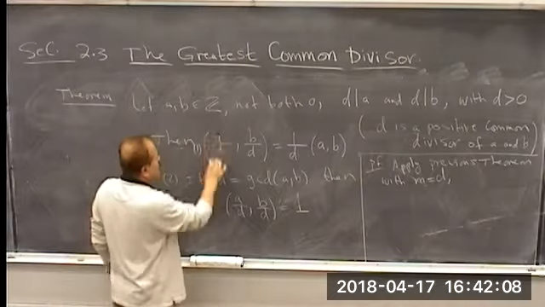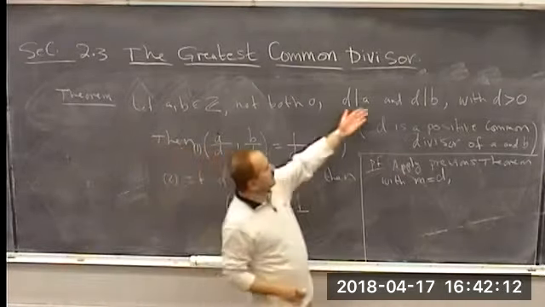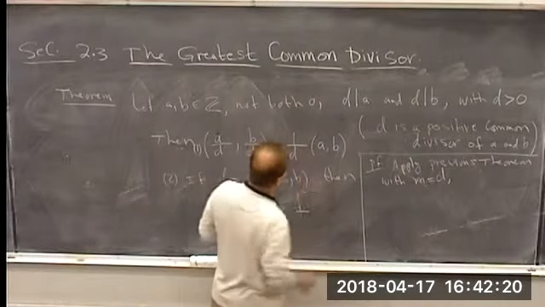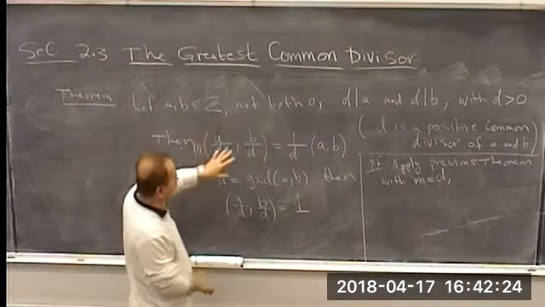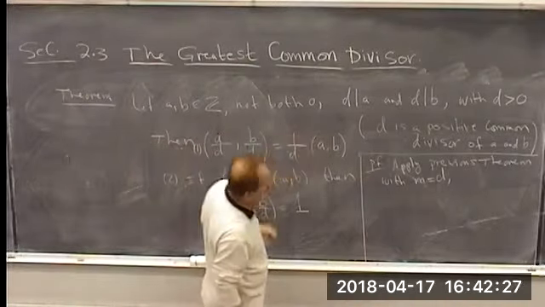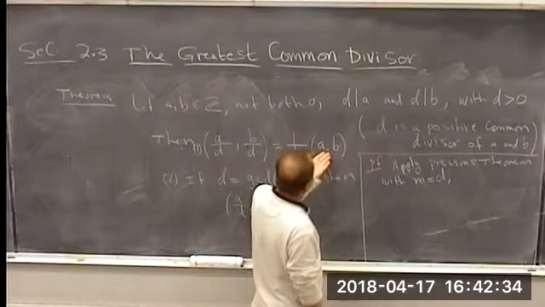This A over D does make sense. This is an integer because D divides A and D divides B. So we are fine in here. It looks funny because we have 1 over D, but as far as this whole thing is an integer, then we are saying that that integer is equal to this.